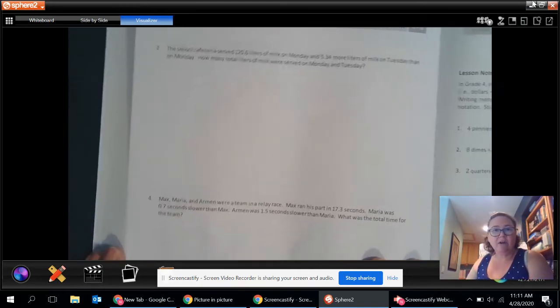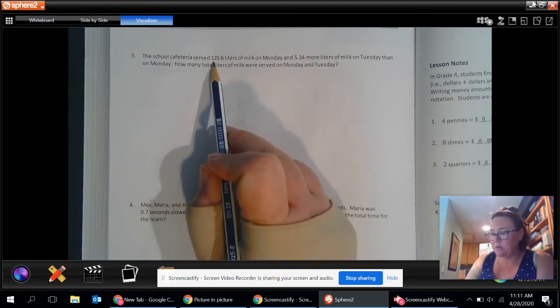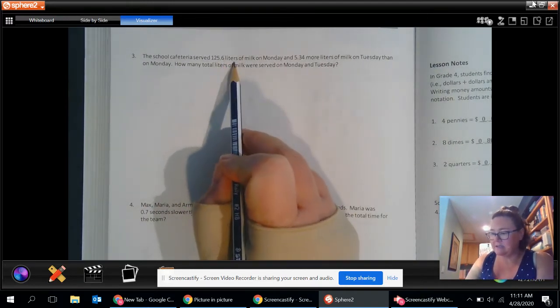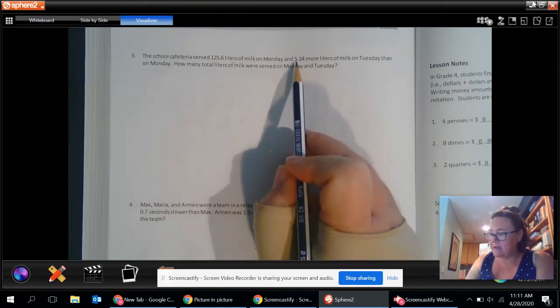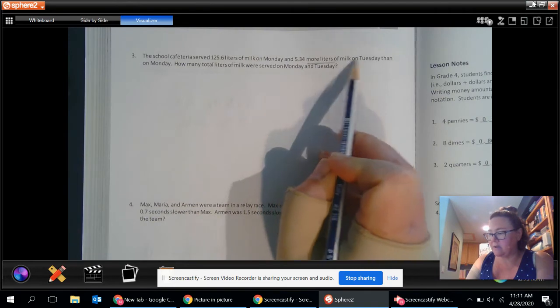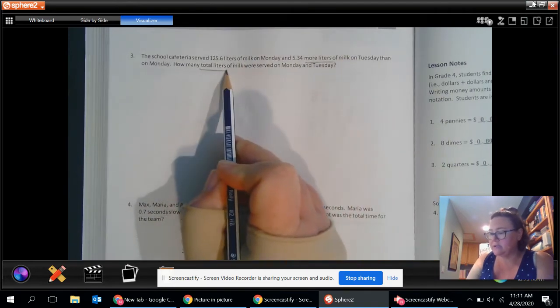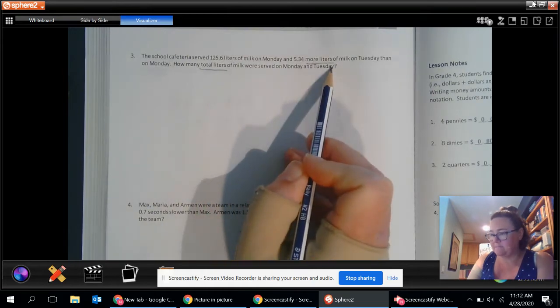So here we have on number 3, our school cafeteria served 125 6/10 liters of milk on Monday and 5 34/100 more liters of milk on Tuesday than on Monday. How many total liters of milk were served Monday and Tuesday?